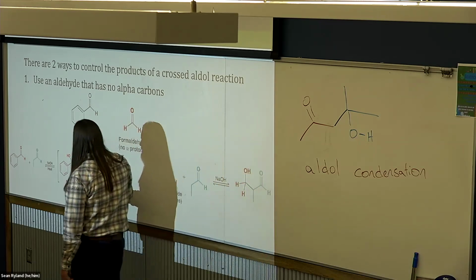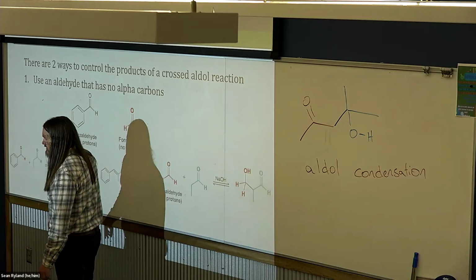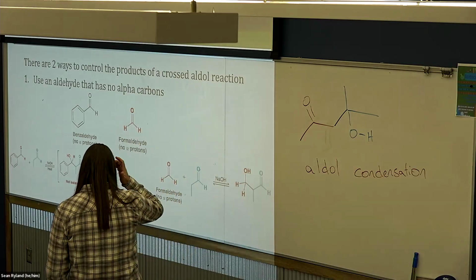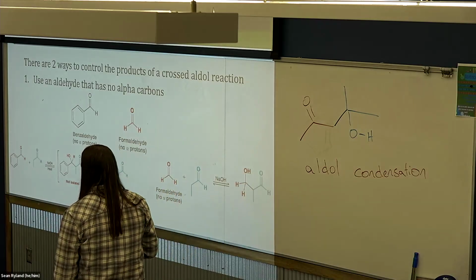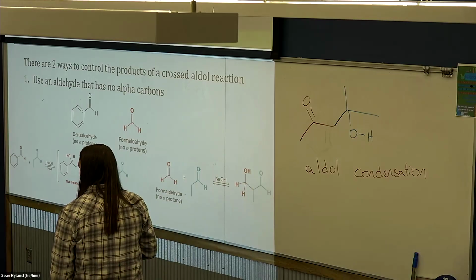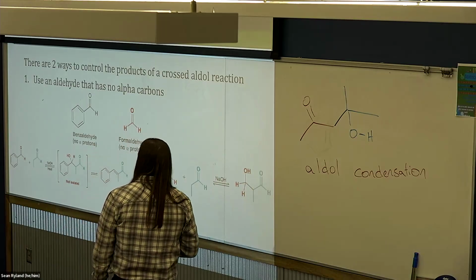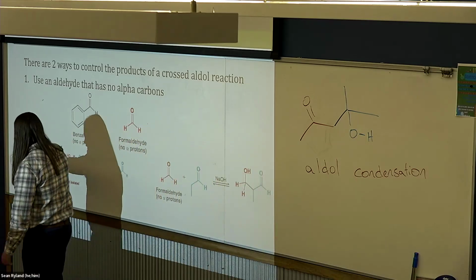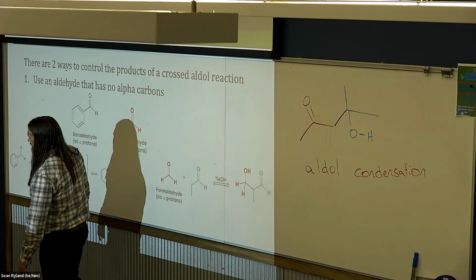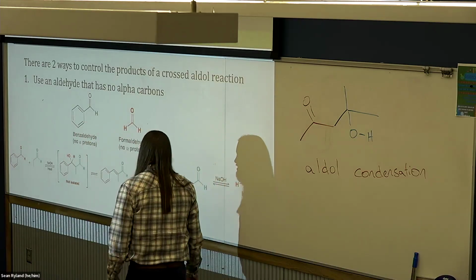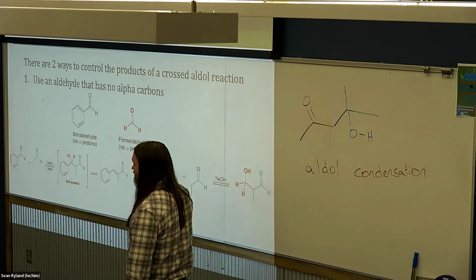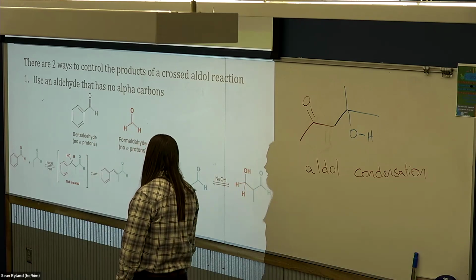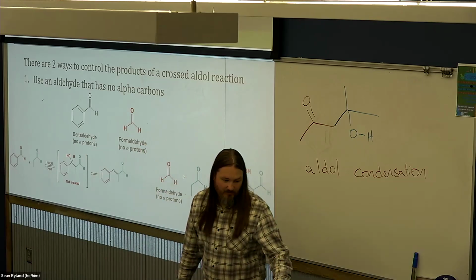So in those cases, we can do this in a really directed way and only get one product. Well, not really though, because we still have to deal with the blue molecule making the enolate and reacting with itself. So it cuts us down to only two products, as opposed to 4. So still less than ideal, but better.